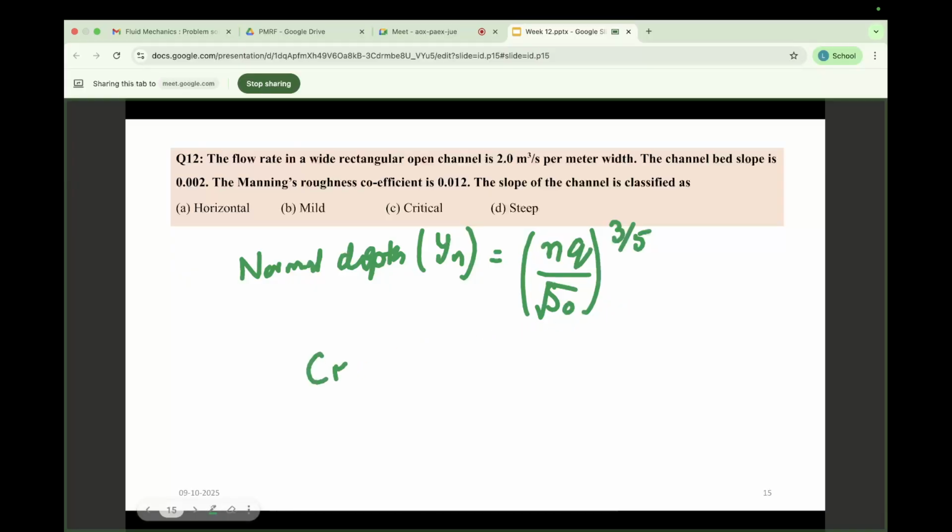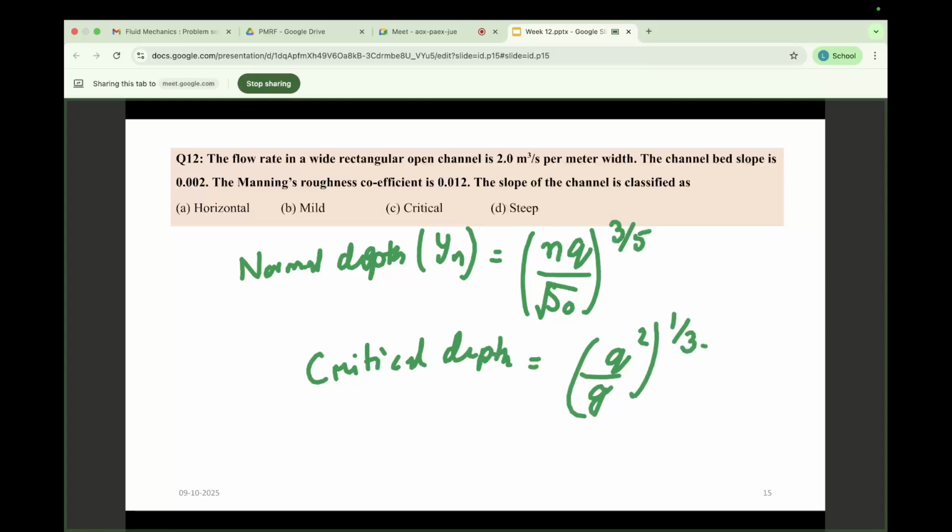And the critical depth yc, the formula is (q square by g) to the power 1 by 3. So you find out these two values and check which one is greater: either yn is greater or yc is greater.